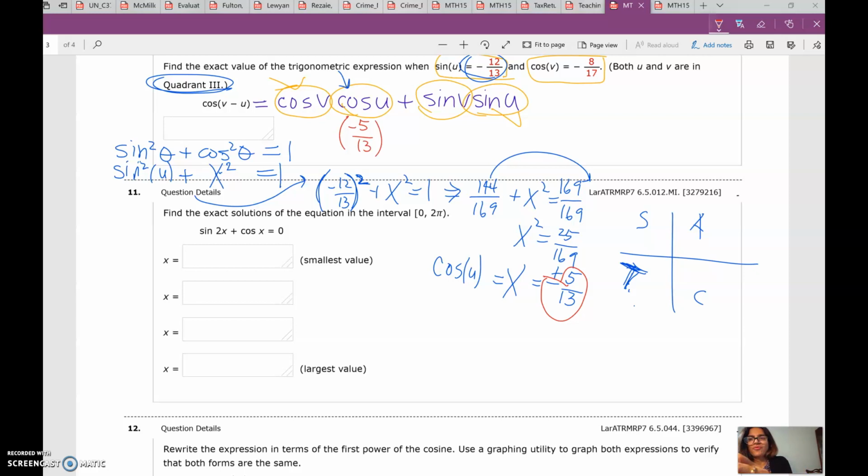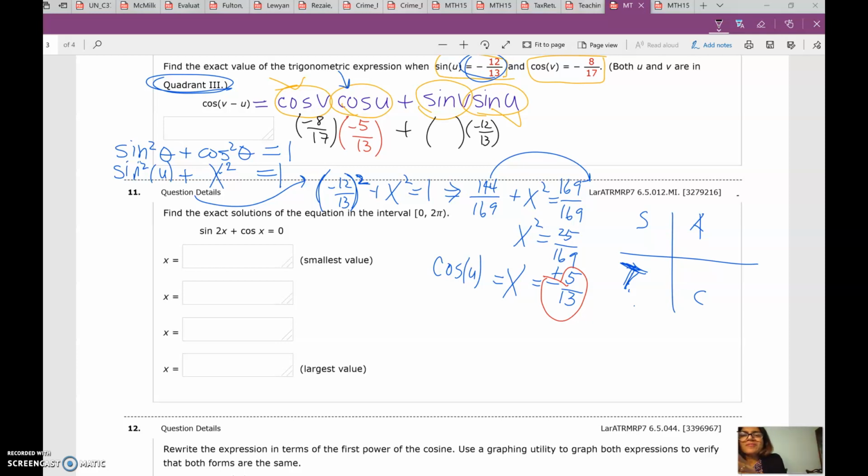Okay, so let's write in what we have so far. We have that the cosine of v is negative 8 over 17. That's the cosine of u, and the sine of u is negative 12 over 13. And now let's find the sine of v.